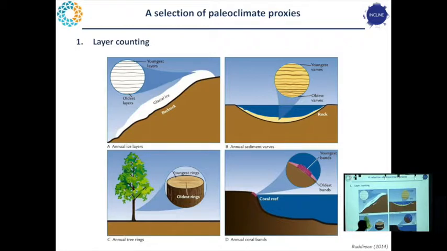On the other hand, and let me go one step back, this may limit the kind of information we may extract from a certain paleoclimate archive. We have to be, and we are, very critical in terms of what are the types of information that we can extract from these archives.